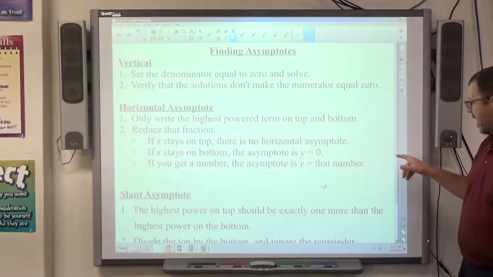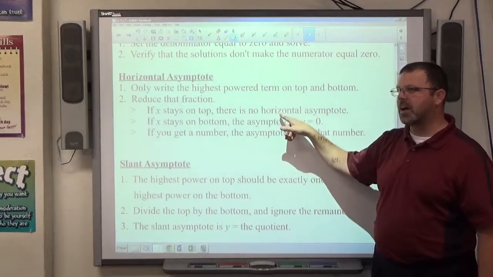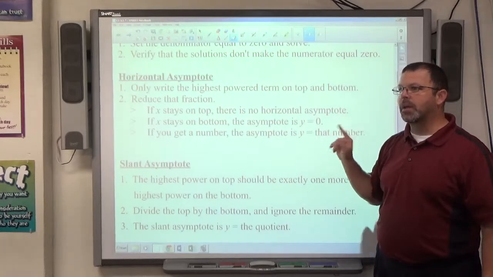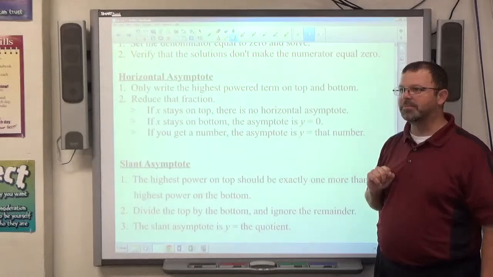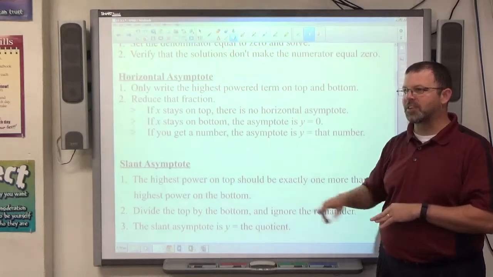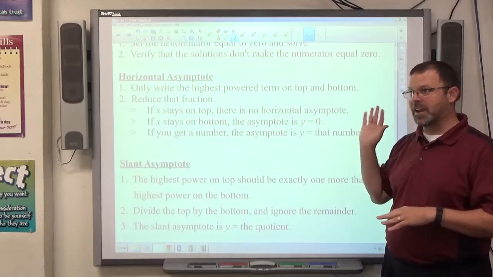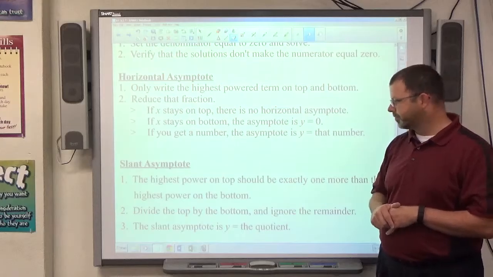And the final one is the slant asymptote, and this is for the situation of this first one, x staying on top, only if the highest power on top is exactly one bigger than the highest power on the bottom. So if you get x squared, x cubed, x fourth on top, there's not a slant asymptote either. But if there's an x to the first on top, then you're going to get a slant asymptote.